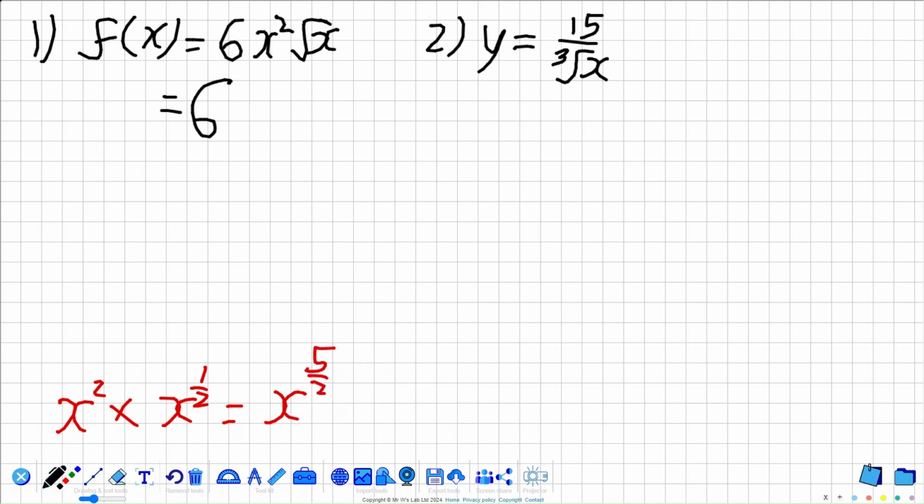And so we can actually import this into this equation at the start here. We can just say 6x to the power of 5 over 2. Then we can find the derivative, just like we have done before.